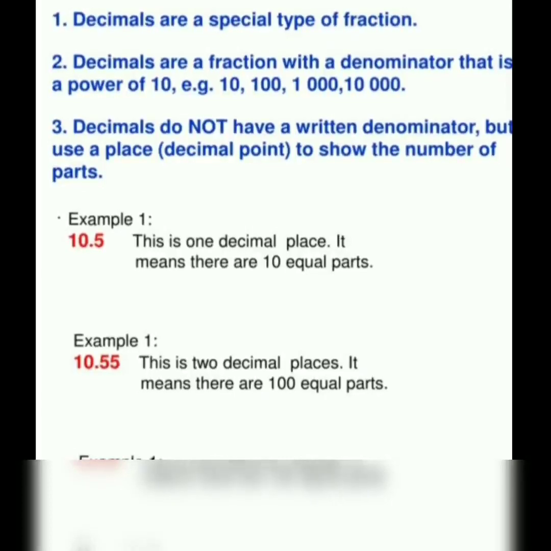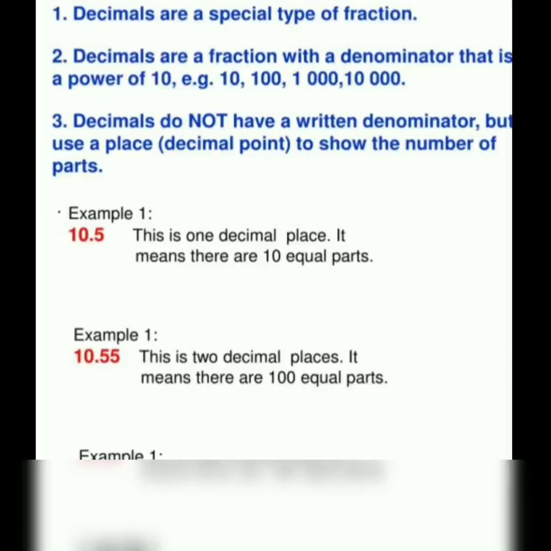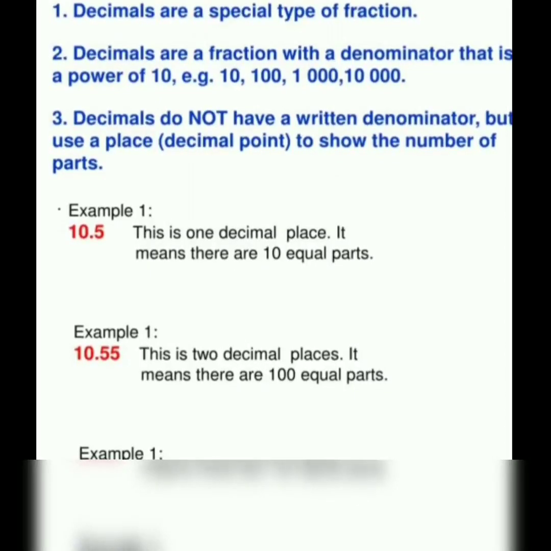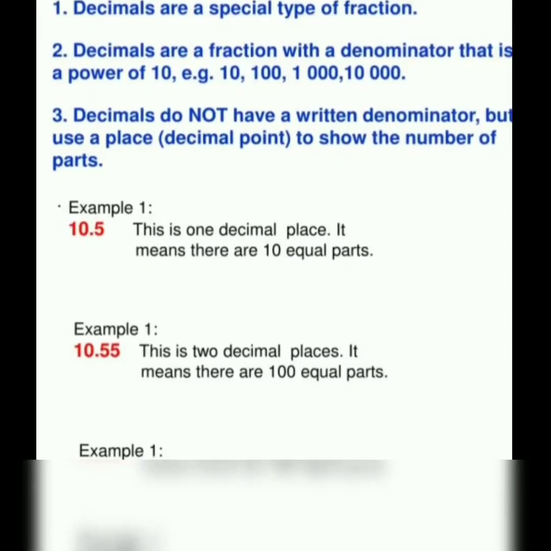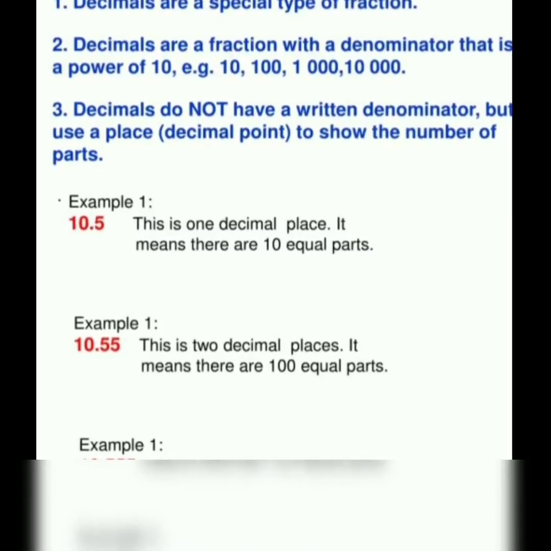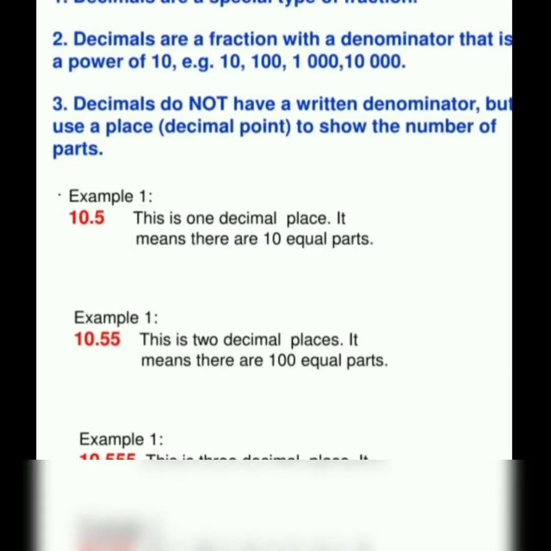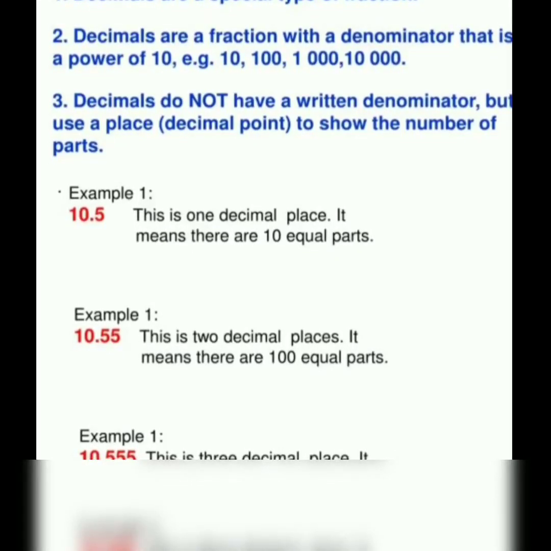Decimals do not have a written denominator but use a place, that is the decimal point, to show the number of parts. Example 10.5. Here it shows one decimal place, it is 10 equal parts. 10.55.